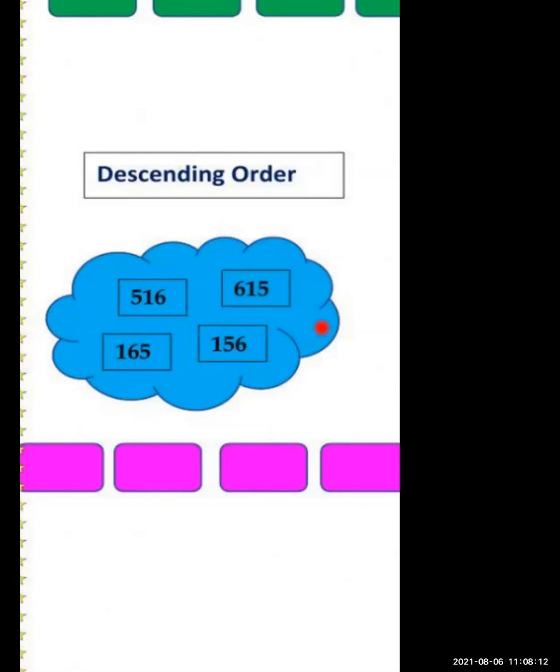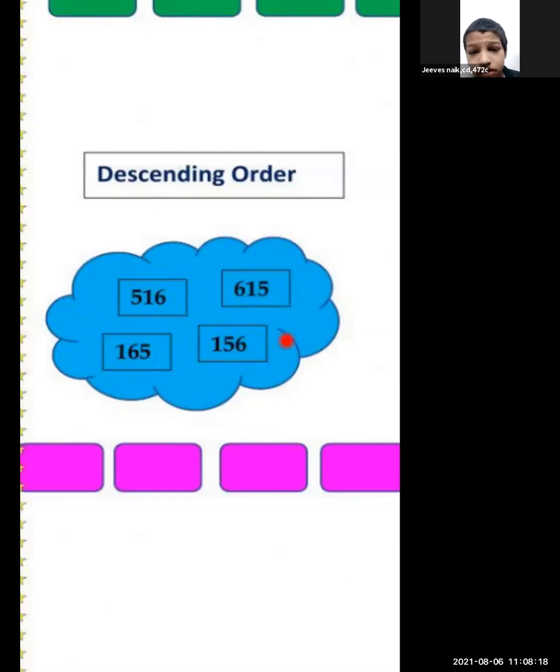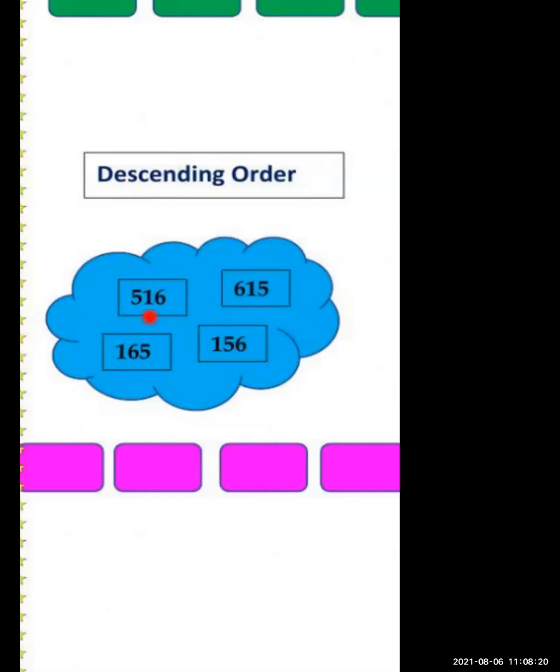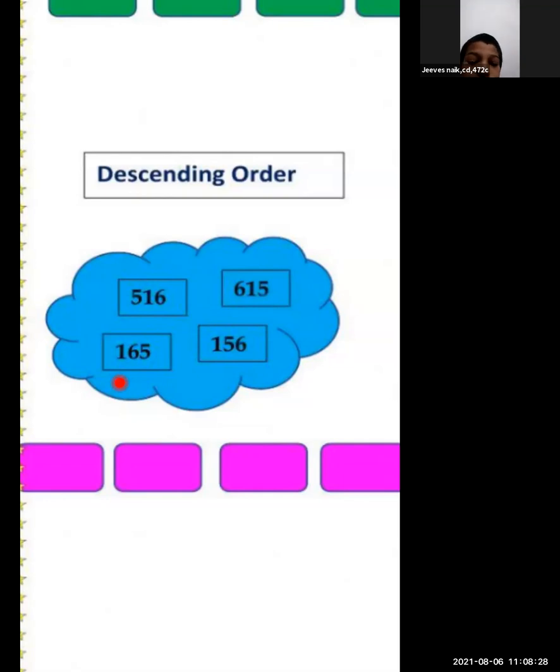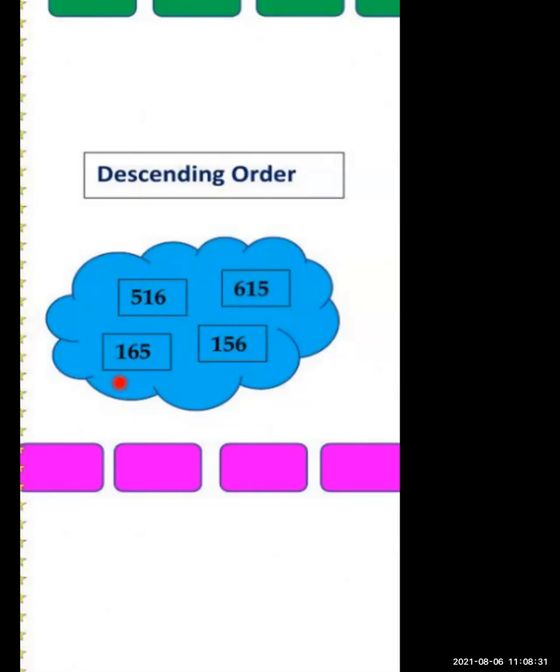Which is the big number in that? 500 is the big number, 600 is the big number, 100 is the big number. Which is the big number? 650. Yes, 615 is the big number.